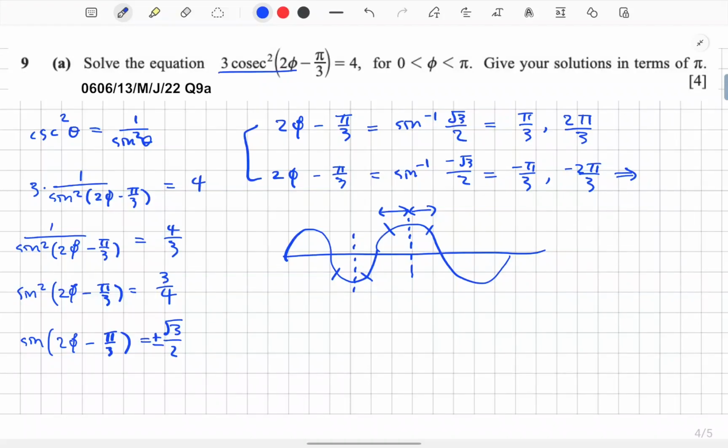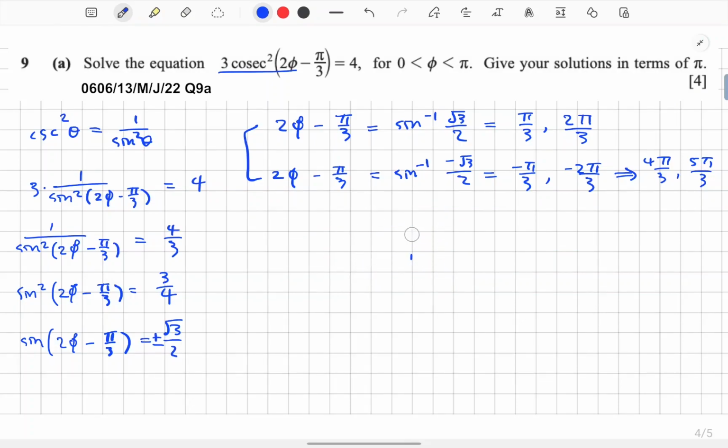But for the sake of this question, we want to make it positive, so we can move our values toward here by adding 2 pi because it is the period of sine. It will be 4 pi over 3 and 5 pi over 3. So right now we can go ahead and solve these equations.